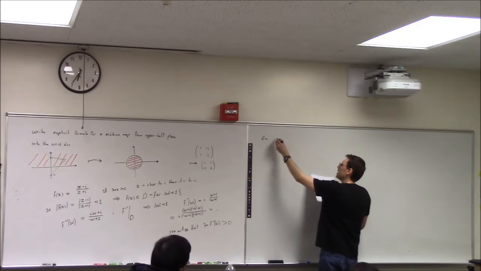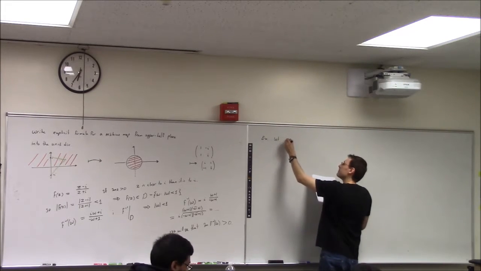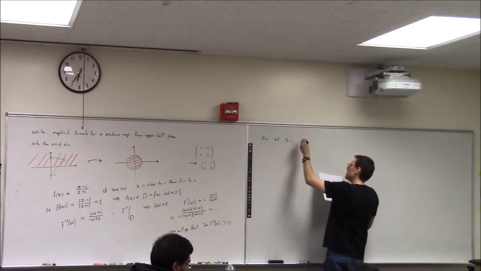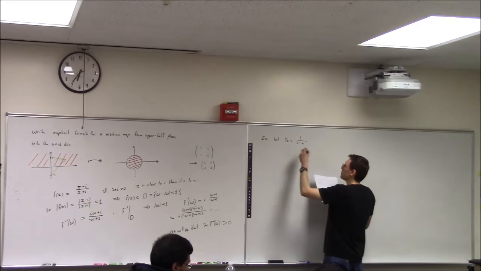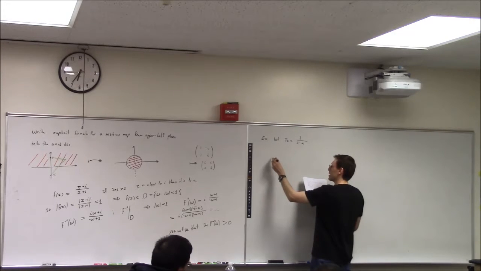So we have T of Z is 1 over Z minus A. And we want to apply this map to the following picture.